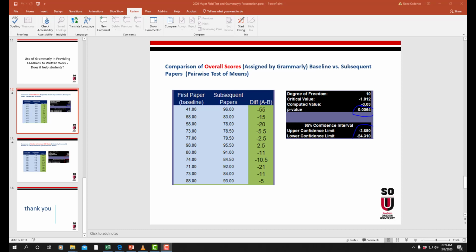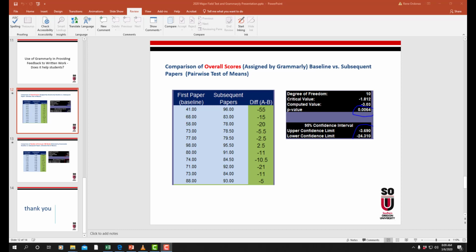Since this column is computed as baseline minus subsequent paper, you see negative values here, which means that the subsequent paper scores are higher than the first papers. You'll note also that all but one of the papers showed improvement in the overall scores. Now, this particular paper was already good to begin with, so they don't see as much improvement.